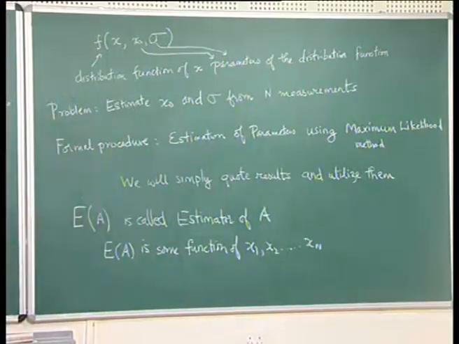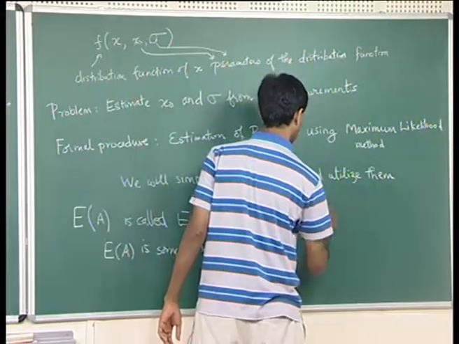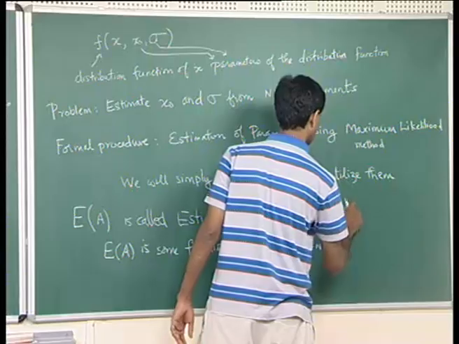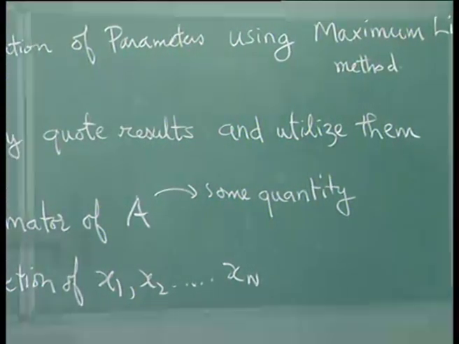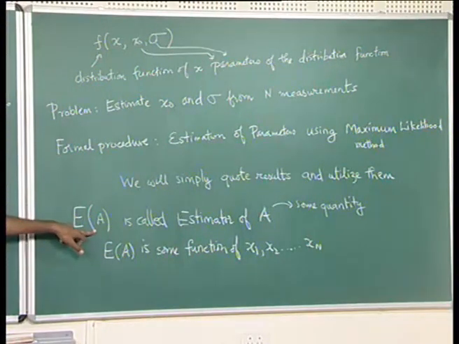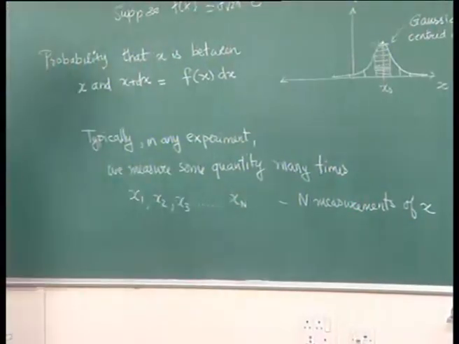So, suppose you have a quantity A. Some quantity, it might be average, it might be standard deviation, etc. E of A is called the estimator of A. The estimator of A is some function of these measured quantities.